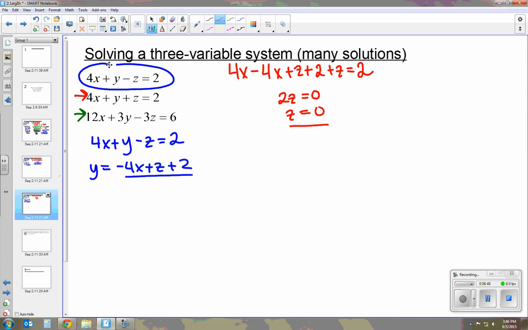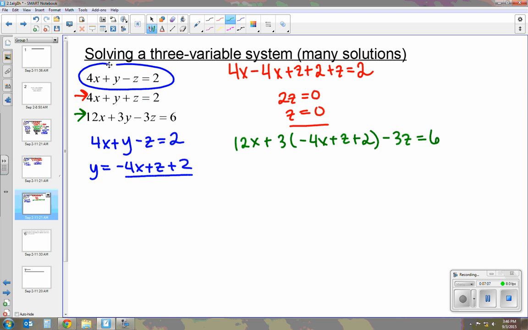We're going to now plug in that blue equation into the third equation. So we now have 12x plus 3y, which is a negative 4x, plus z plus 2, minus 3z, which equals 6.